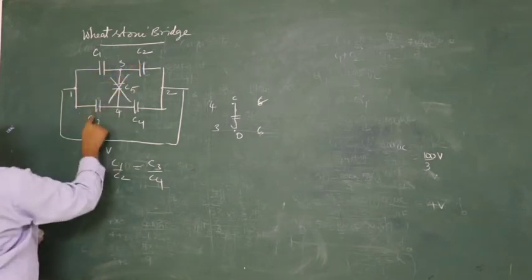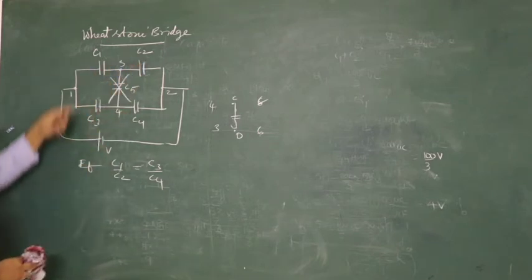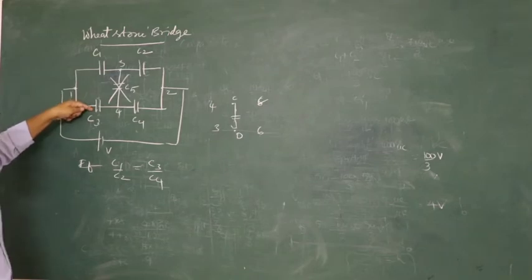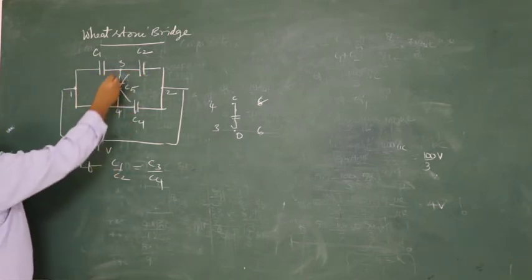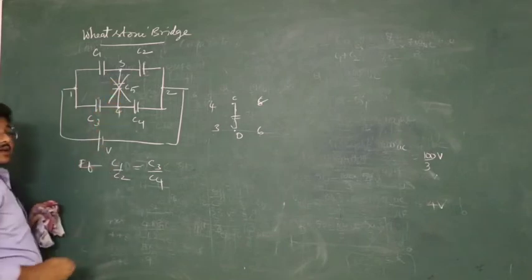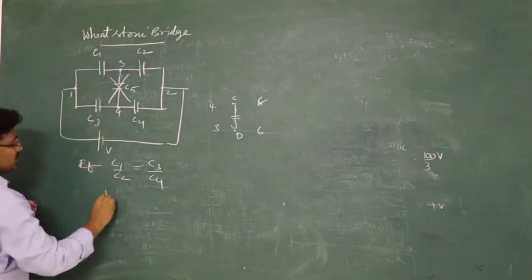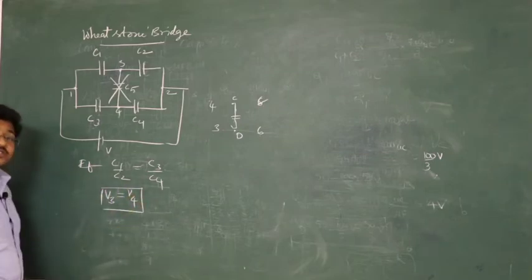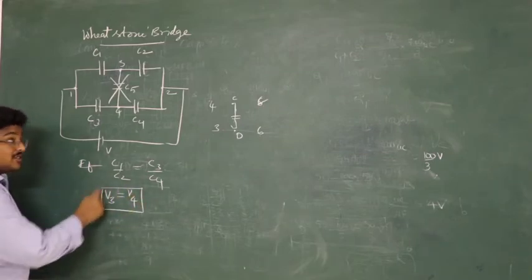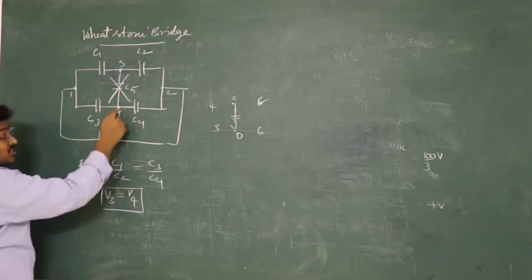If the ratio of these two equals the ratio of these two, then also at these 2 points V3 is equal to V4. Potentials are the same. Potential at the third junction and the fourth junction is the same.